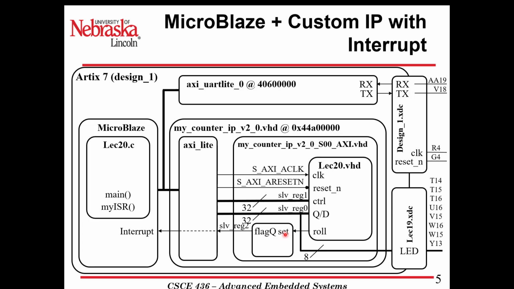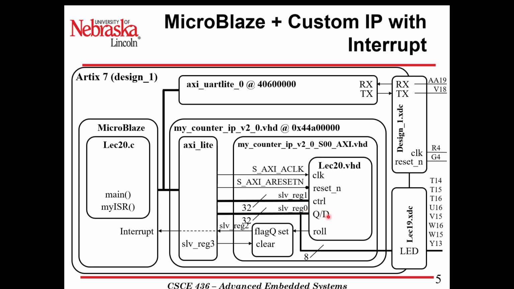So set or process Q and not the clear bit. Next lecture, we're going to connect an interrupt service routine to execute when we reach max count. And then we'll have another slave register in our AXI light where we can tie to a clear signal.